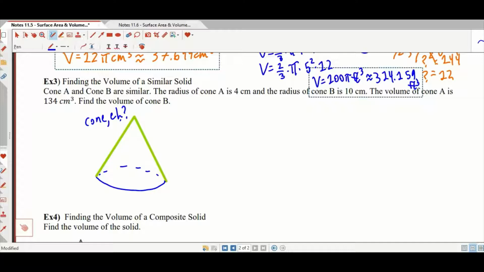The radius of cone A is 4 centimeters, and the volume of cone A is 134 centimeters cubed.